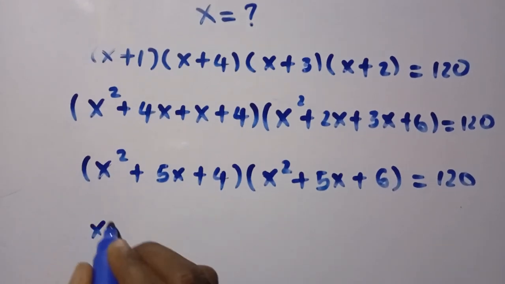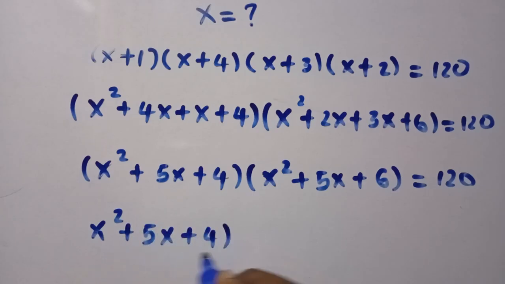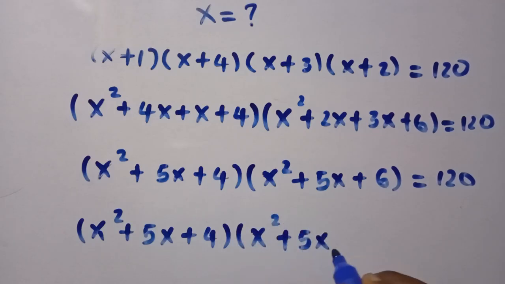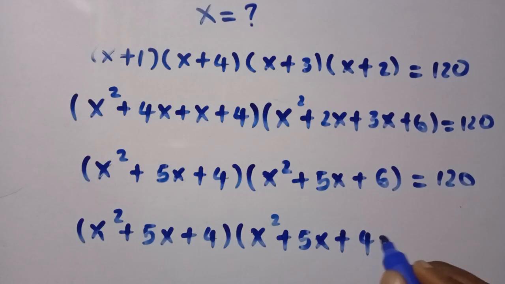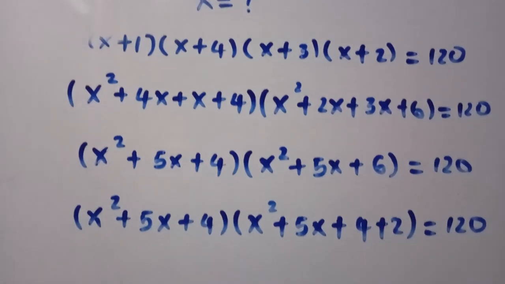Then here we have x squared plus 5x plus 4 multiplied by x squared plus 5x plus 4 plus 2 equals 120. So 4 plus 2 here equals 6.